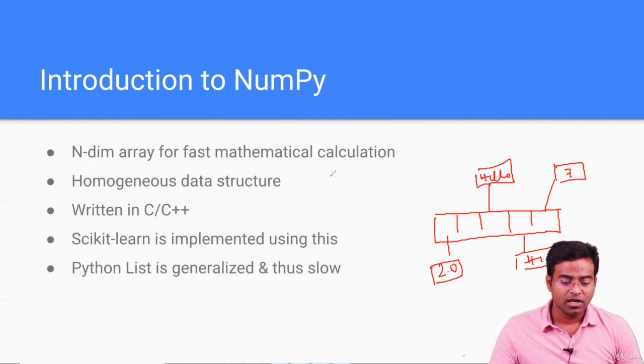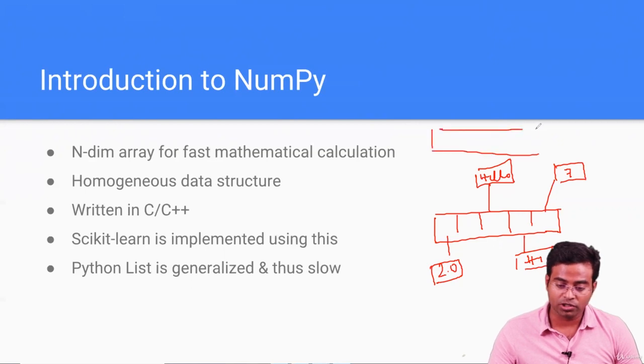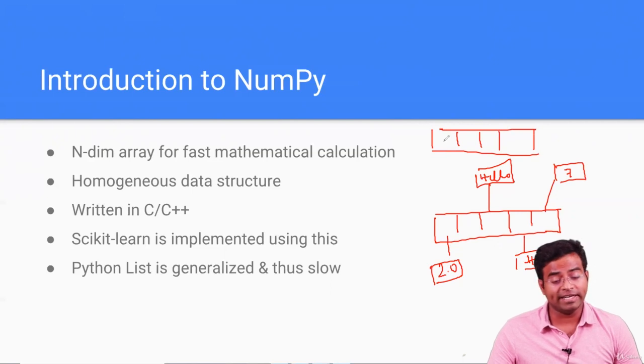Whereas NumPy stores data in memory, and that is what gives it the performance. If your NumPy array stores only floats, it will be 2.5, 2.7, 3.2, 7.1. It will store data of the same type. Internally it's all written in C++, and that is what boosts the performance.